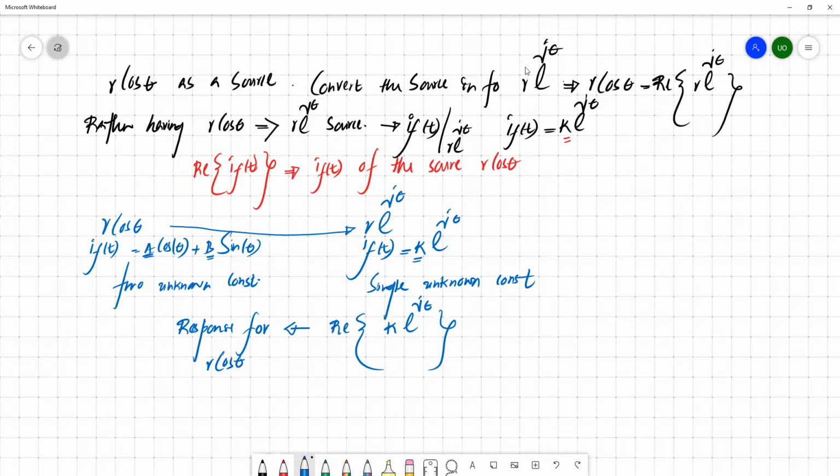Okay, so this is the simple summary of this one. Next time we will convert this time domain analysis to the phasor domain to get the steady state response or the forced response. Okay, thank you.